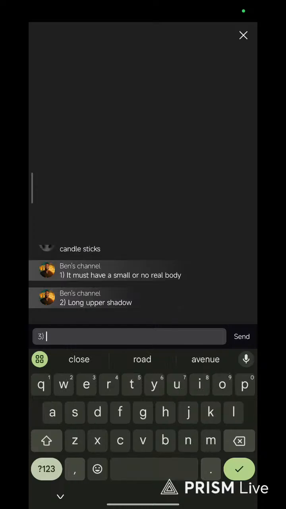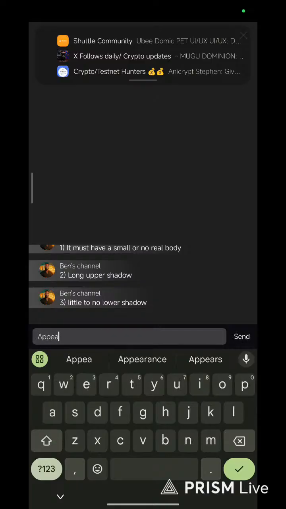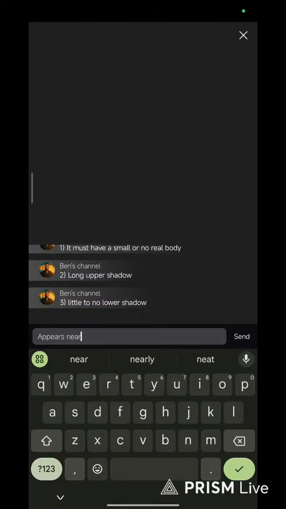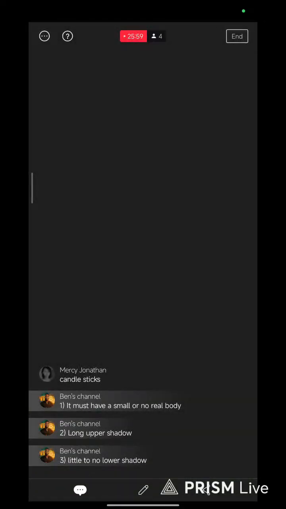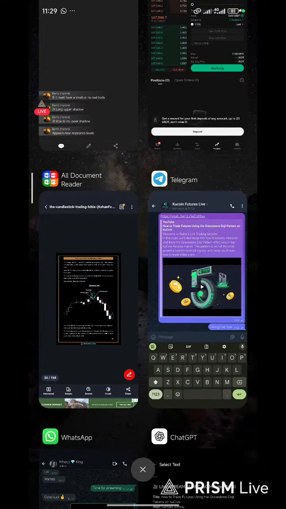Number 3, little to no lower shadow. For those of you that want to jot down, you can do that. Number 4 is what? Appears near resistance levels. So that is how to identify it.